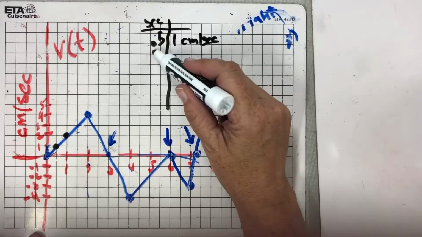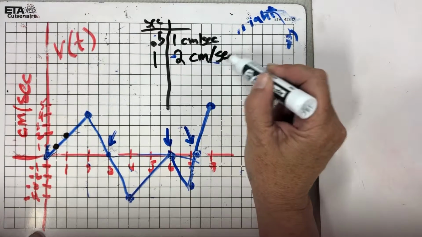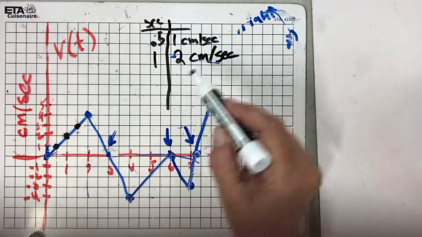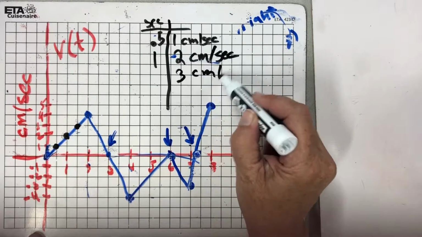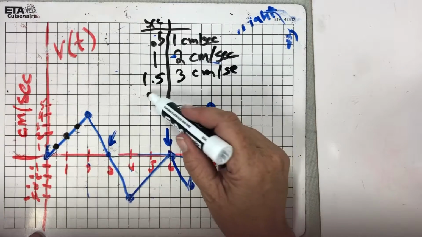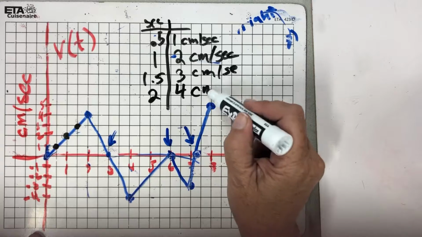At 1 second, there was a velocity of 2 centimeters per second. All I'm doing is just reading the graph. At 1.5, we were at 3 centimeters per second. And at 2 seconds, it was 4 centimeters per second.